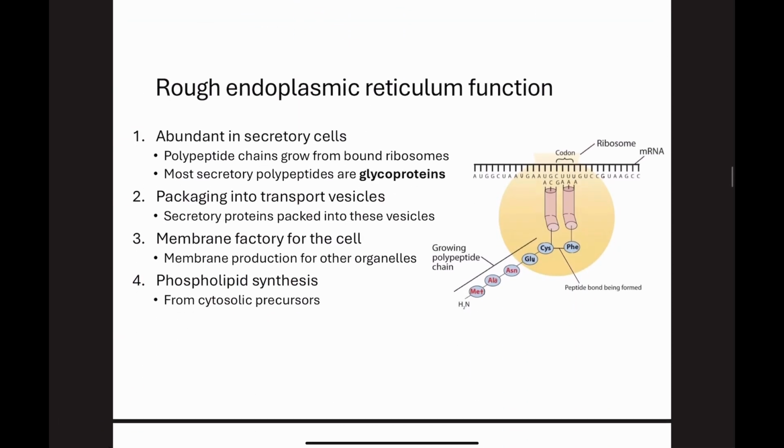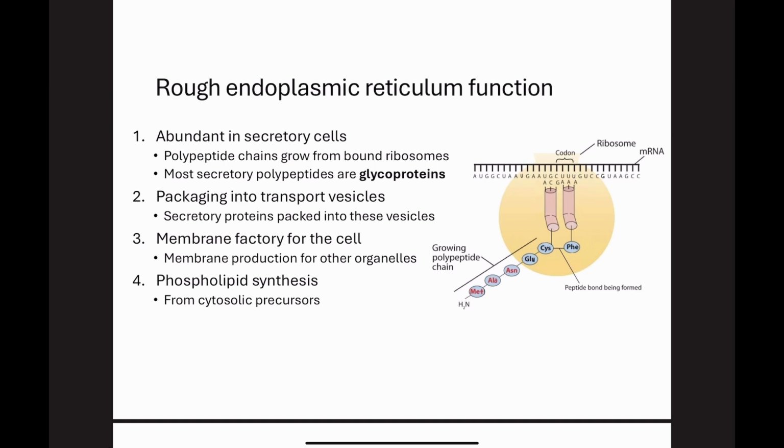So our rough endoplasmic reticulum has a few different functions. It functions in secretory cells. So what happens is that we are going to have protein synthesis and folding. Our bound ribosomes are going to synthesize polypeptides, and then those polypeptides are going to enter the endoplasmic reticulum lumen.